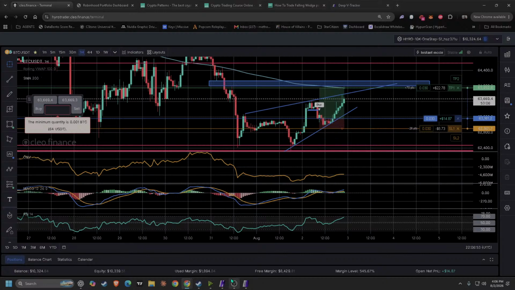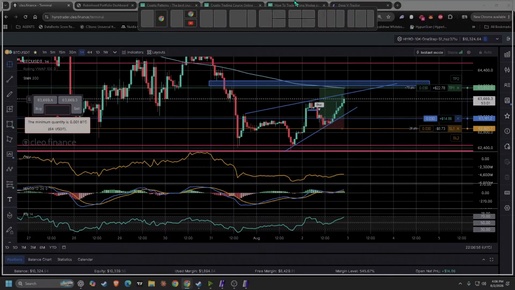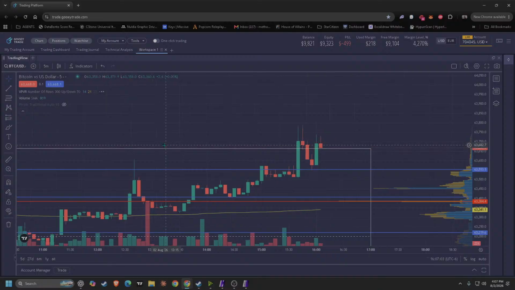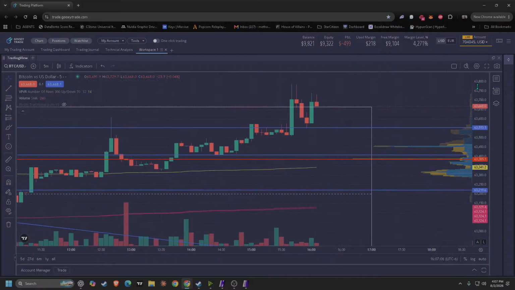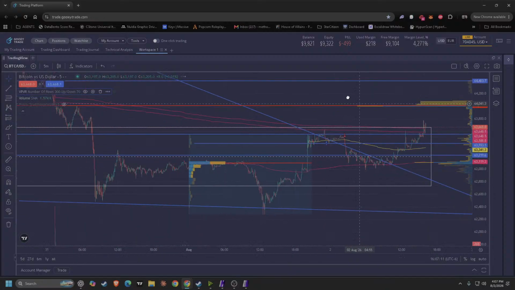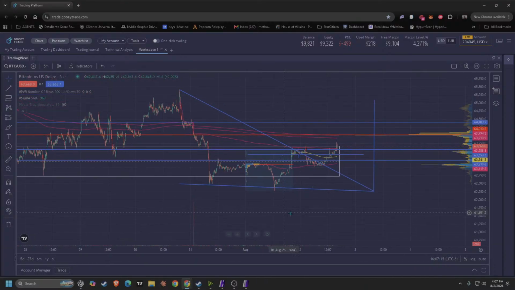So ugly though. Let's look at it here. It's better. So BTC 5 minute had this range annotated here. And you can see the triangle on the larger time frame. See that right there? Isn't that insane? On the 5 minute, there's our triangle.